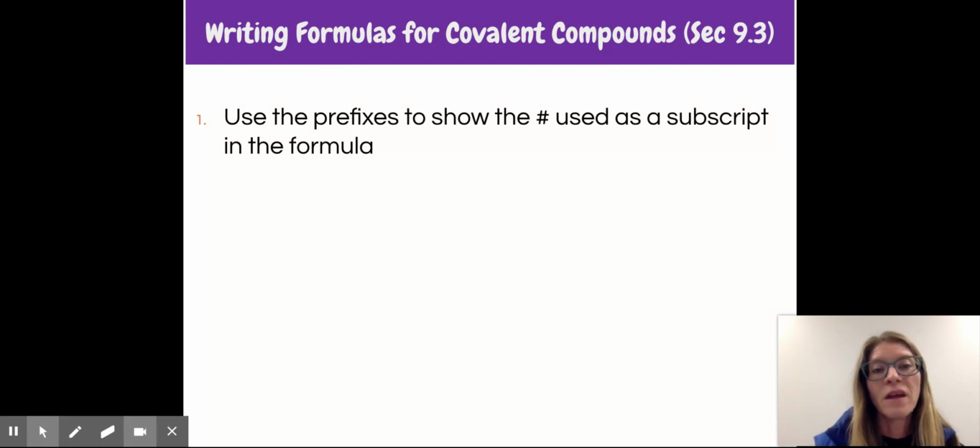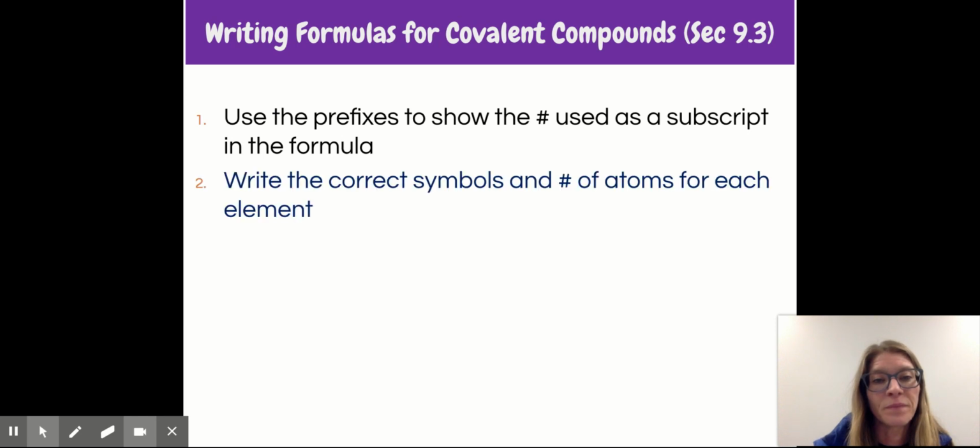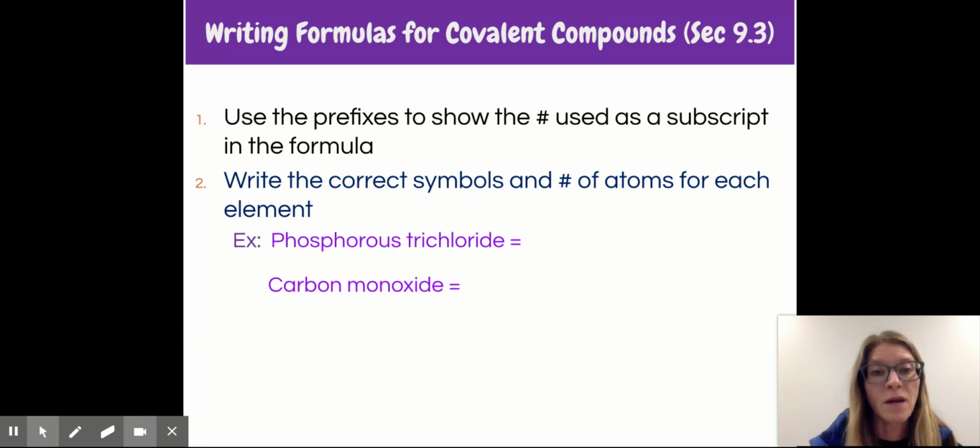So you use the prefixes as your subscript, and then you write the correct symbols and add the number of each element based on those subscripts. So again, make sure you pause the video for a second if you need time to write down these rules, and then we will go through these examples.